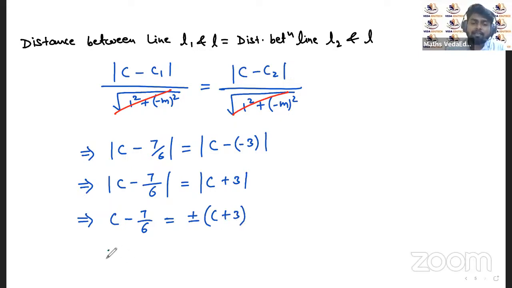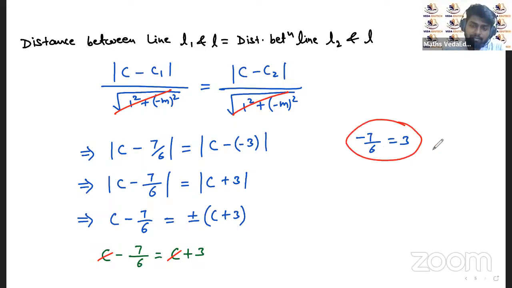One is C minus 7 by 6 equal to C plus 3. If we simplify it, C and C will get cancelled, so minus 7 by 6 equal to 3, which can't be possible. So we can't take this condition, and only the second condition will be satisfied.